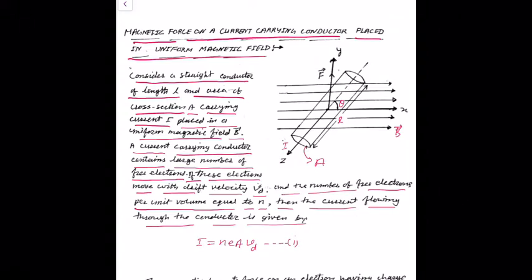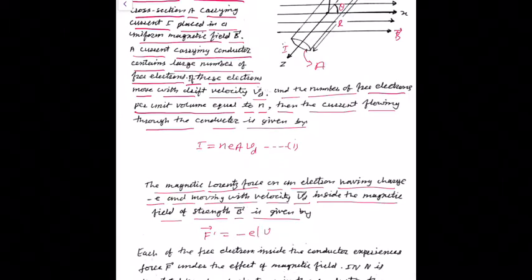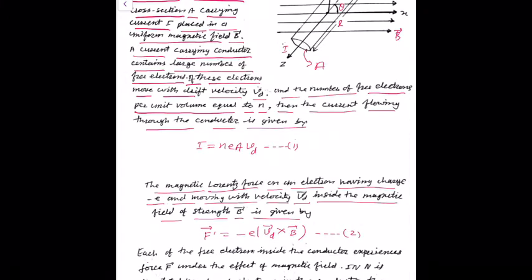The magnetic Lorentz force on an electron having charge -e and moving with velocity Vd vector inside the magnetic field of strength B vector is given by F dash vector is equal to -e Vd cross B vector. It is equation 2.